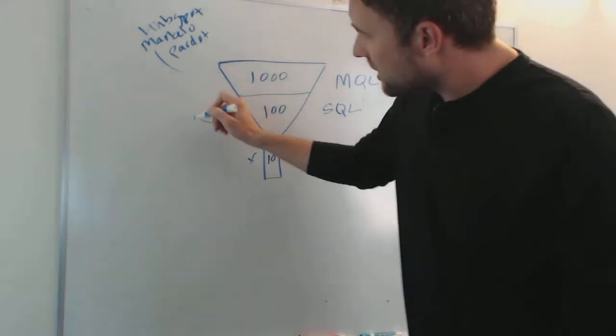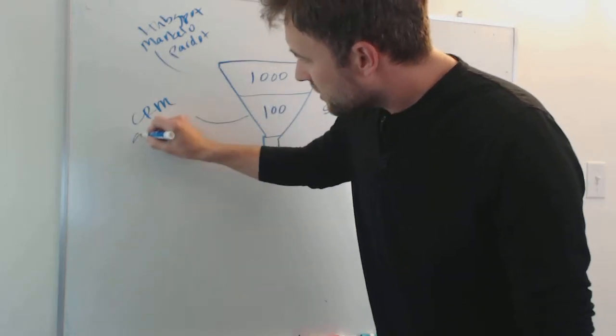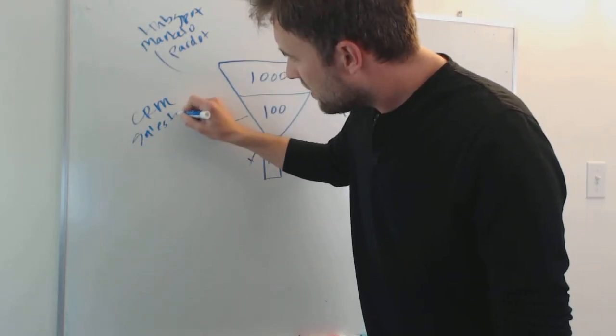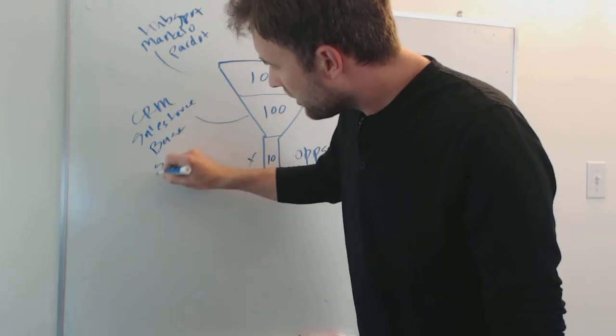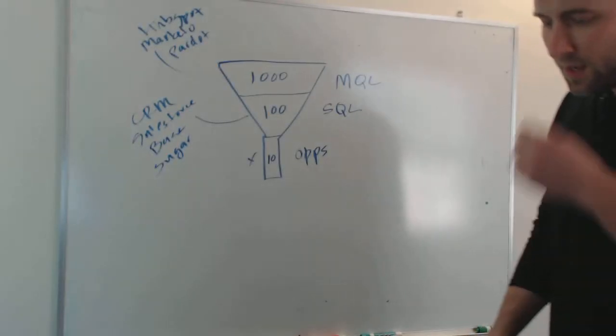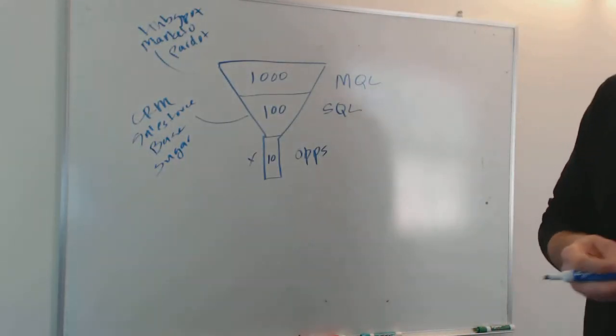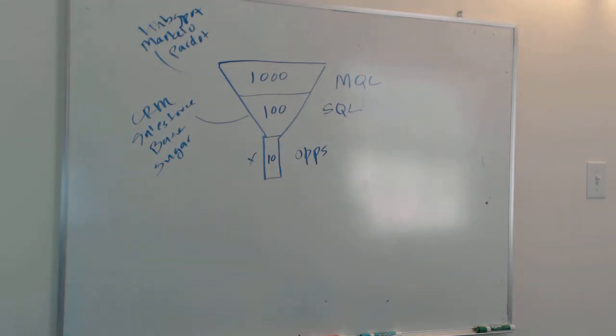So this section is managed by the big bad world of CRM. You've got Salesforce, Base, Sugar, and whatever other CRM you might possibly use. And really the point of the CRM is to keep track of all of the client activity, the interaction with a potential lead.